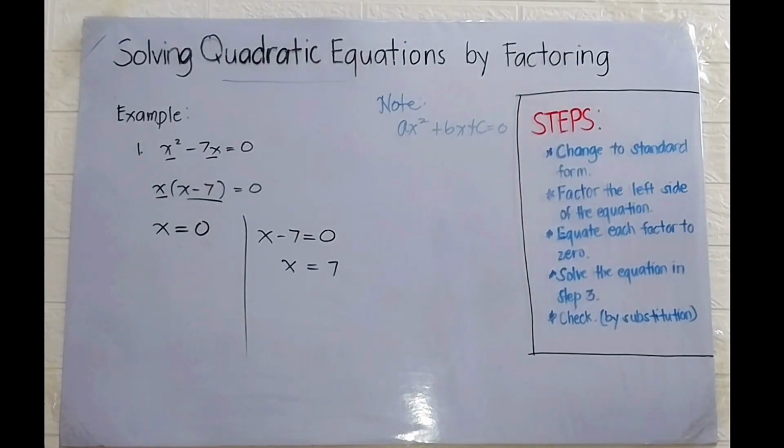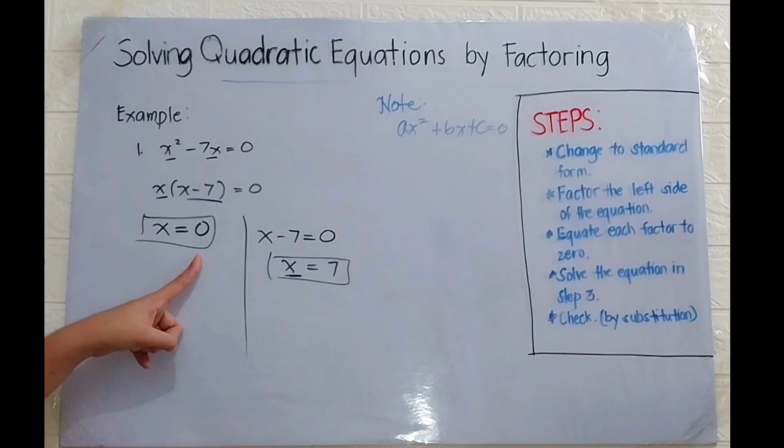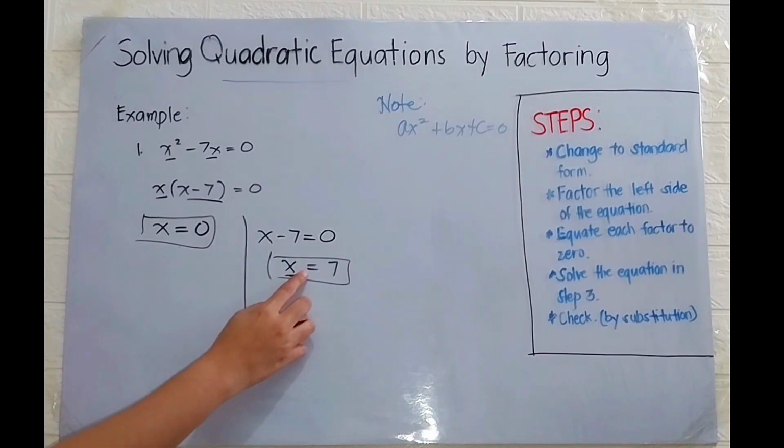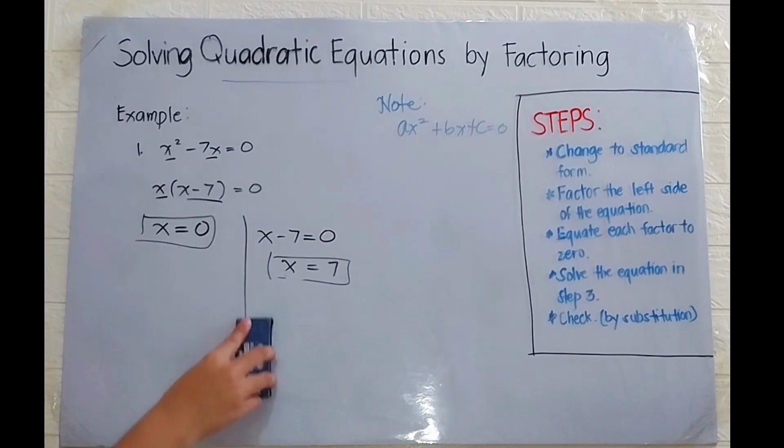Okay? Bakit po natin kailangan gawin yon? Because we want x only. Okay? Since x lang yung hinahanap natin, so dapat x lang yung matitira, maalin po sa left or right side of our equation. Therefore, the roots of our equation are x is equals to 0 and x is equals to 7. And of course, to verify if our answer is correct, let's check using substitution.